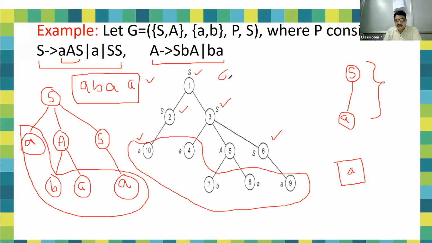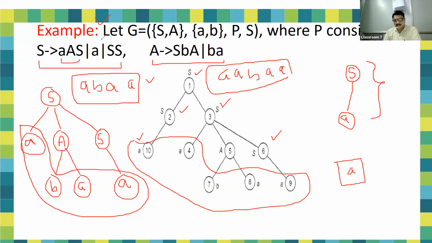The string is AA, B, AA. It means that all these strings like AABAA or ABAA or A can be derived by this given grammar, and that can be represented with the help of the derivation tree, right?